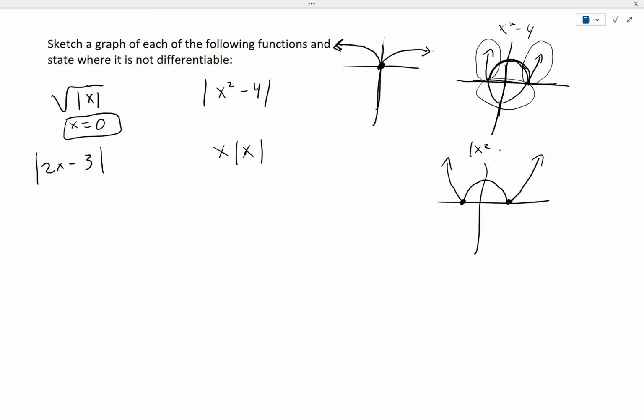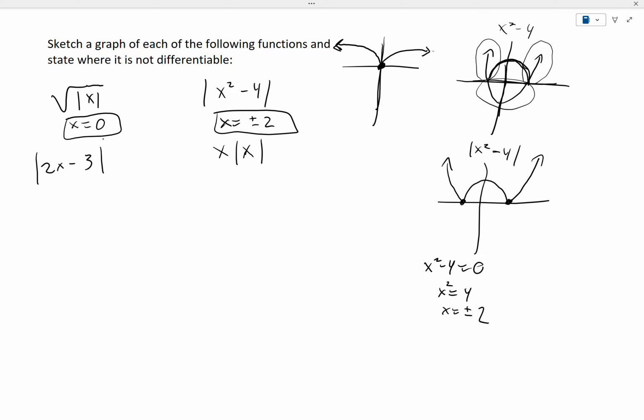So we can solve a simpler equation instead of messing with the absolute value. We can just look at where this was equal to 0. So I'm going to solve this for x, and I get x squared is equal to 4, so x is equal to plus or minus 2. So at x equals plus or minus 2, this equation is not differentiable because of the sharp points.